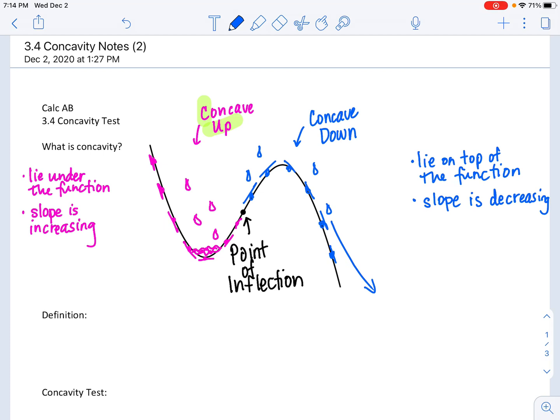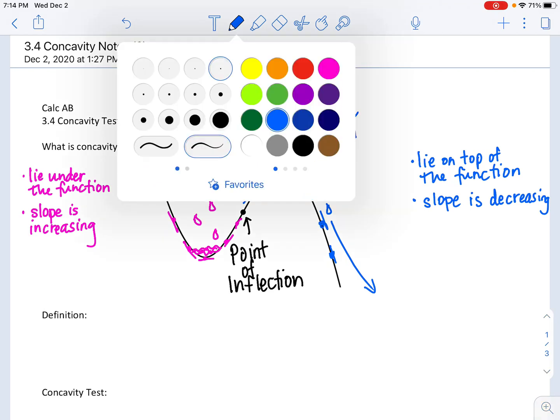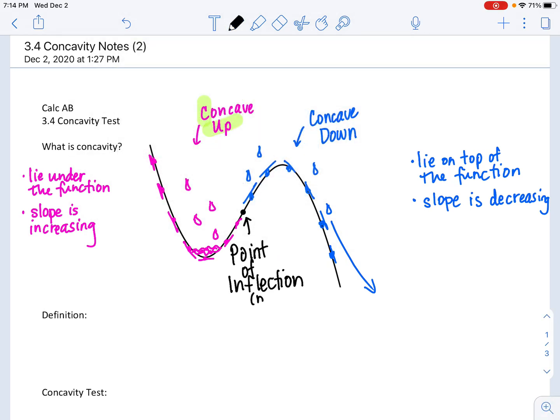A function's either concave up or concave down, and it changes throughout a function. And really, a point of inflection is either a maximum or minimum slope. The rate of change is maxing out there, or if this were facing the other direction, went from blue to pink, it would be a minimum.